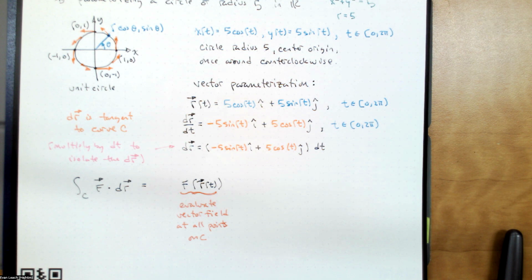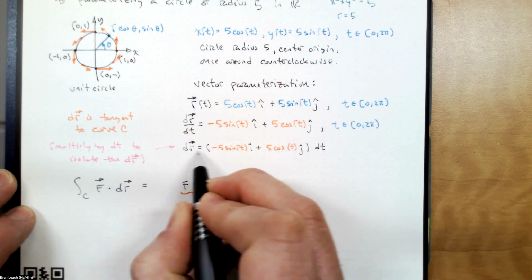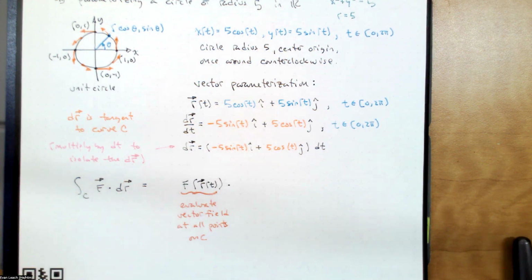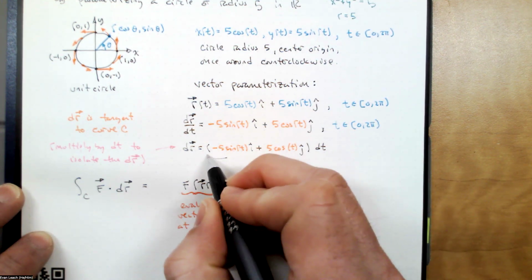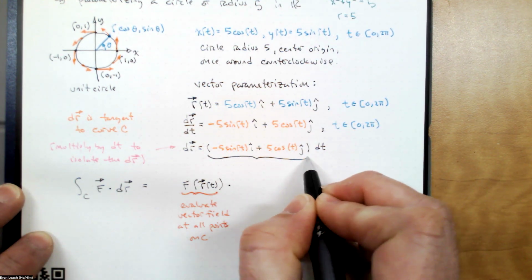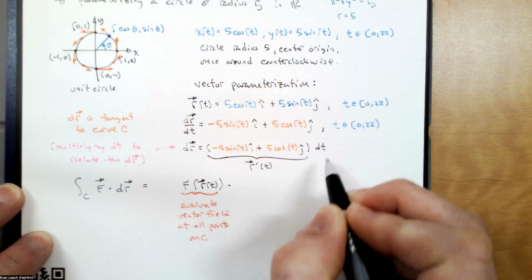Now we find the dot product with dr. Dr is going to be r prime of t times dt.